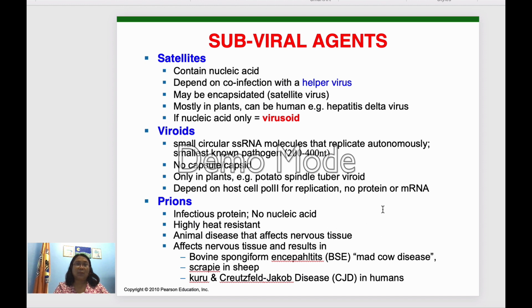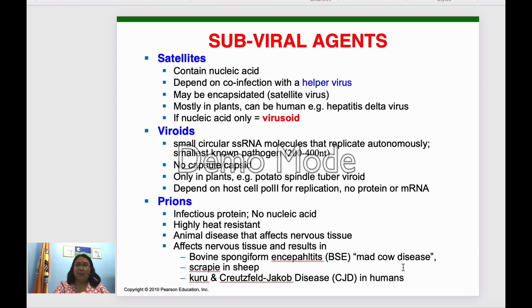So what are examples of diseases caused by prions? We can see prions in human infection. We have bovine spongiform encephalopathy, or BSE, known in cows as mad cow disease, scrapie in sheep, and Kuru and Creutzfeldt-Jakob in humans.